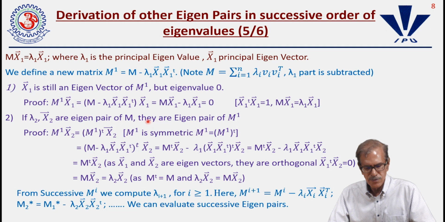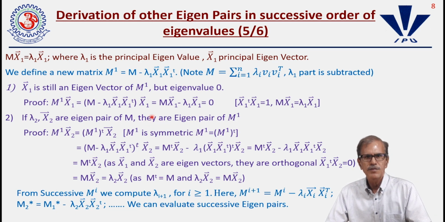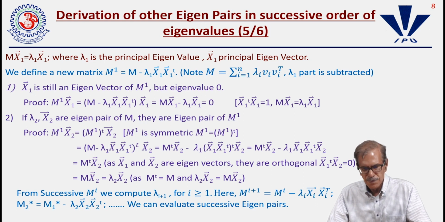But as I told you earlier, in most of the applications, we really don't need to calculate all the eigenvalues and eigenvectors. And in most of the applications, even if the original matrix M is 100 by 100 or 1000 by 1000, we'll show with an example that the first 7, 8, or 10 eigenvalues and eigenvectors are sufficient for any analysis.